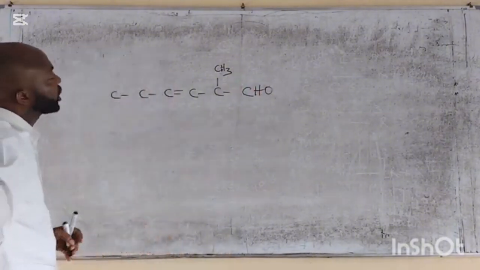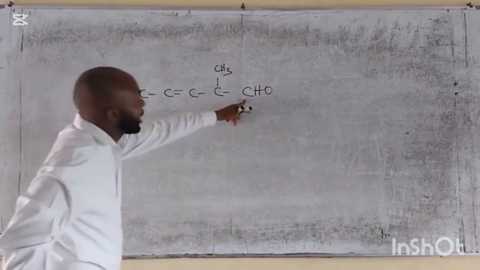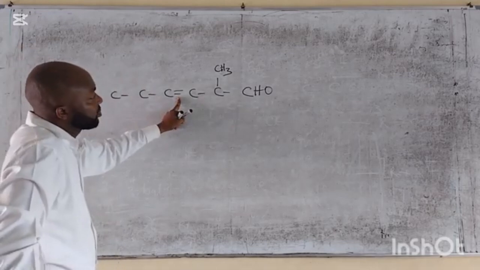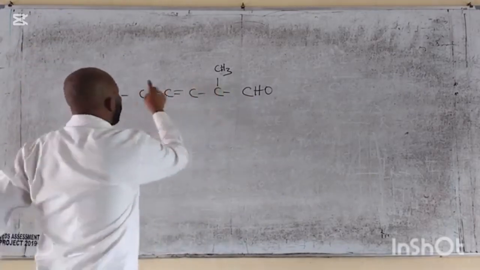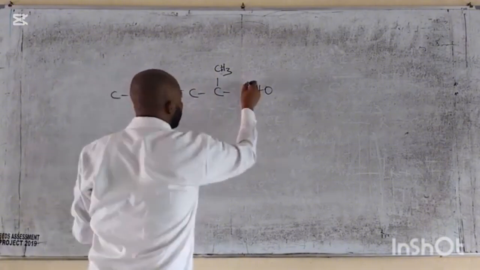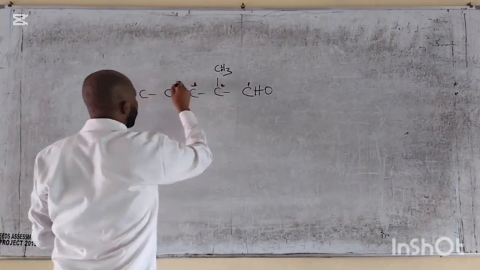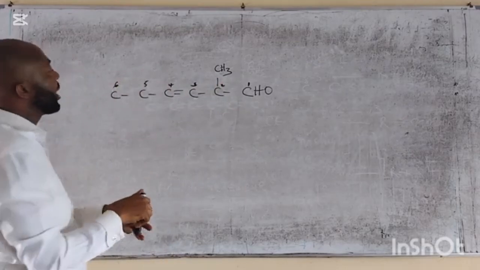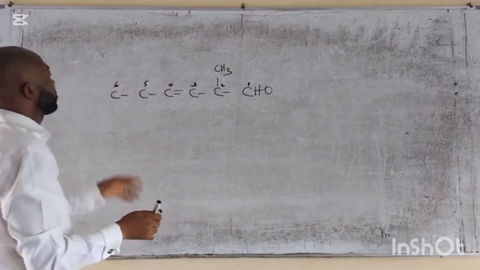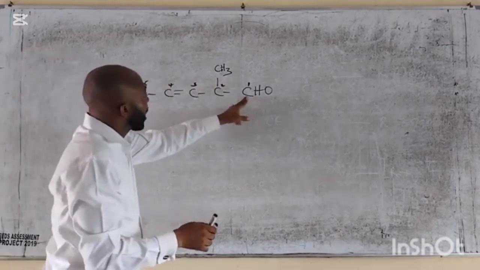Okay, if we want to name it, this takes precedence over this. So I can begin by looking at 1, 2, 3, 4, 5, 6. So this is 1, 2, 3, 4, 5, 6. 2-methyl. 1, 2, 3.